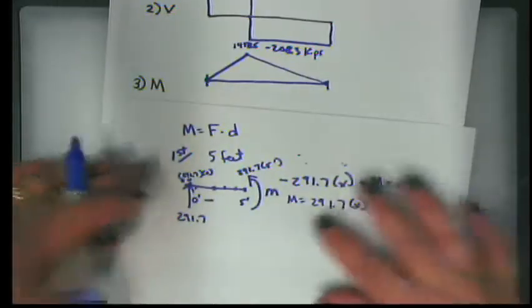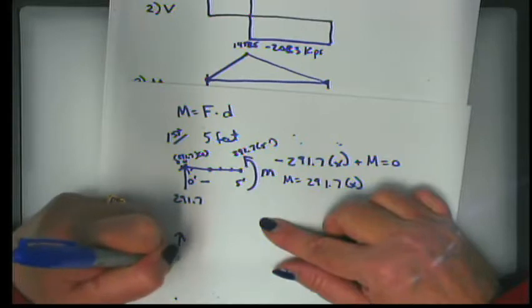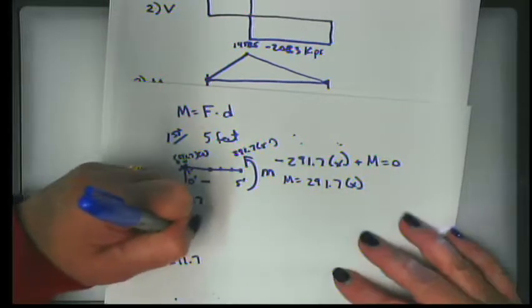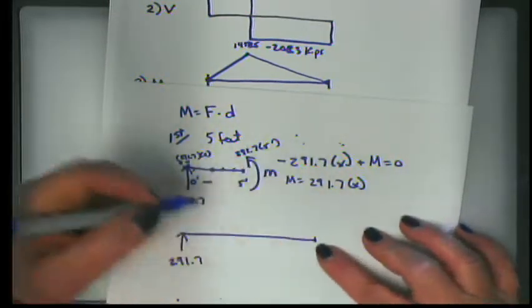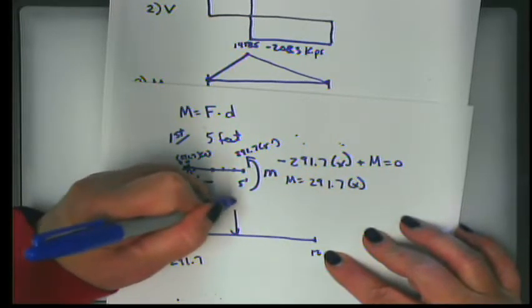But if you want to do the math on that, let's go to the next 5 feet. What you have is 291.7 here. You have a total of 12 feet to the end. And here at 5 feet, you have 500 kips.